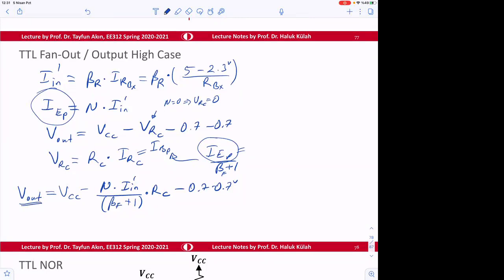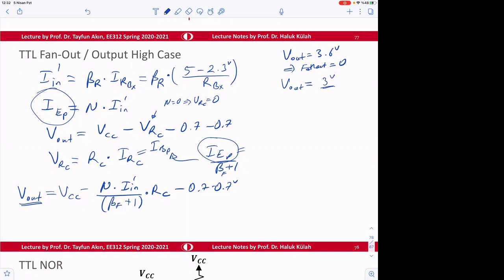So how can we find the fan out? The fan out will be limited by Vout. If we say Vout is equal to 3.6 volts, then fan out will be 0. But if we say Vout can drop down to, let's say, due to the high noise margin, 3 volts.